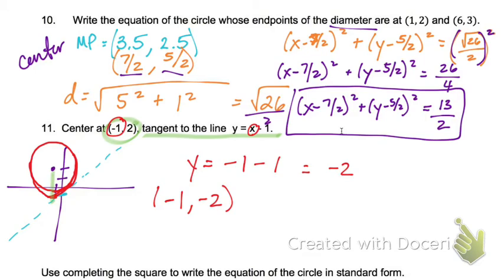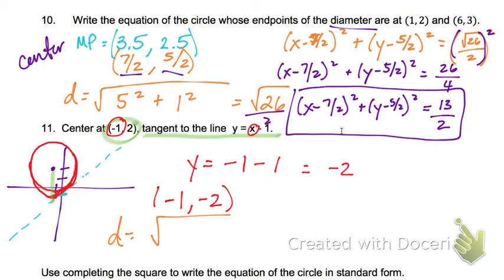And then I'm going to find the distance to that, and that'll be my radius. So the distance from 2 to negative 2 is 4. So distance. The x values, there's no distance for the x values. Oh.